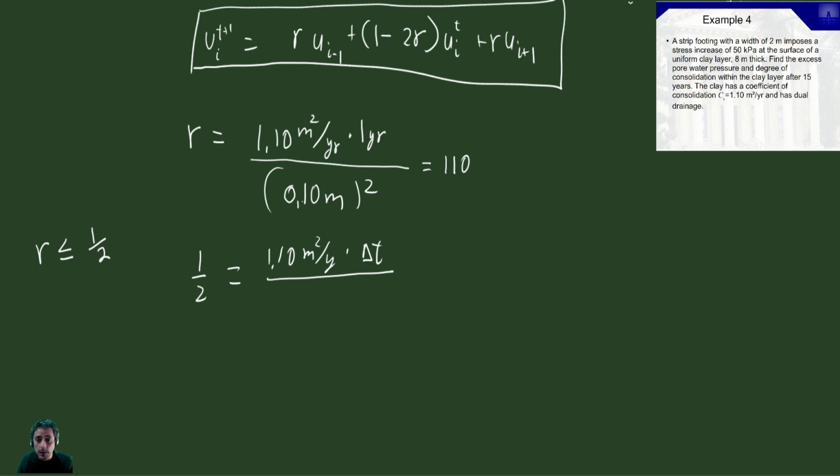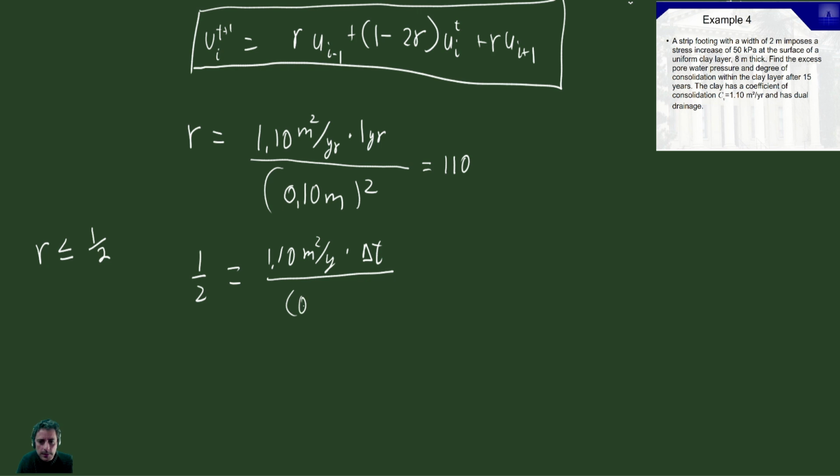It's going to be very small with the delta z we have there. Probably we should have used delta z of 2 meters if we wanted to be able to reach those 15 years, but let's play it by ear for now.